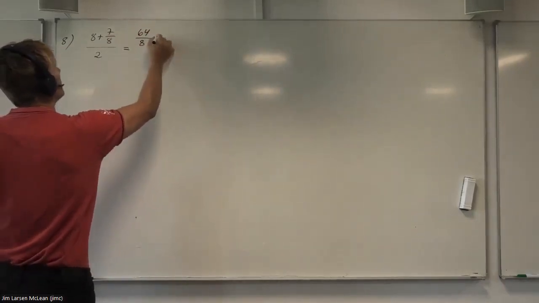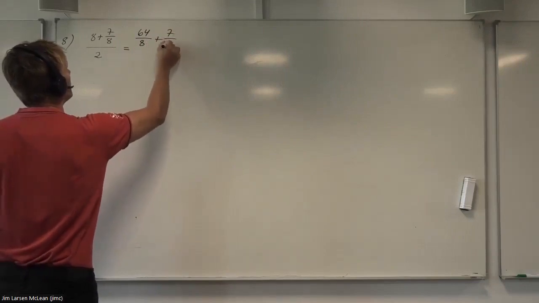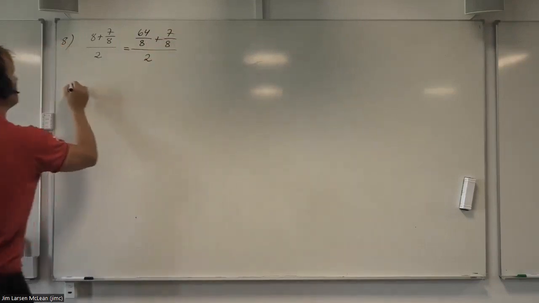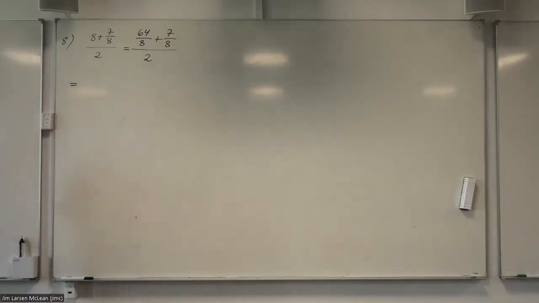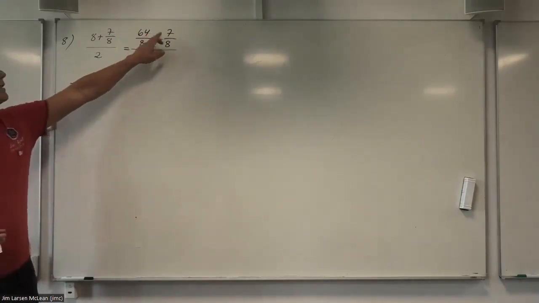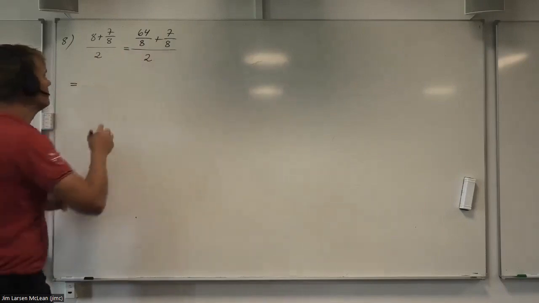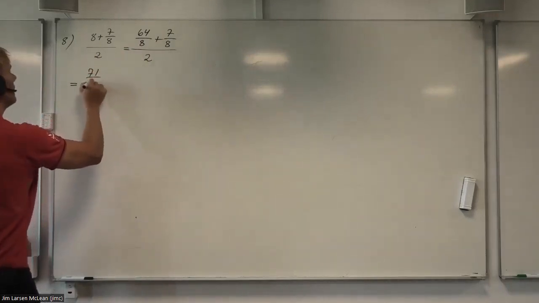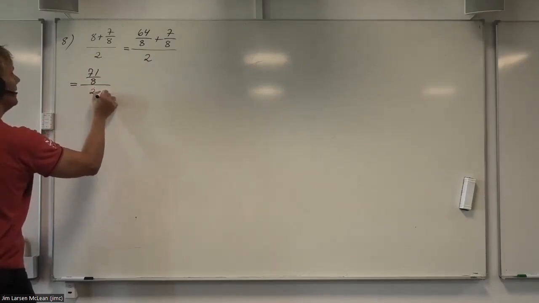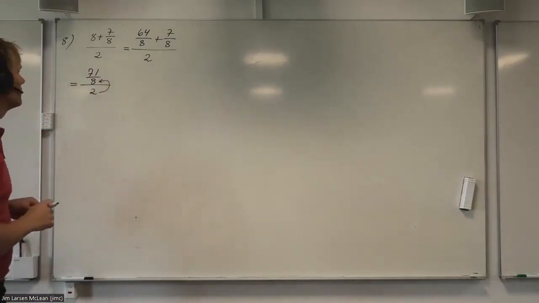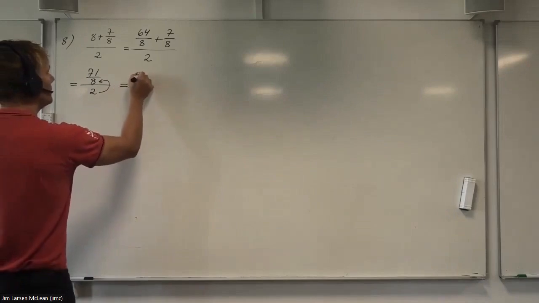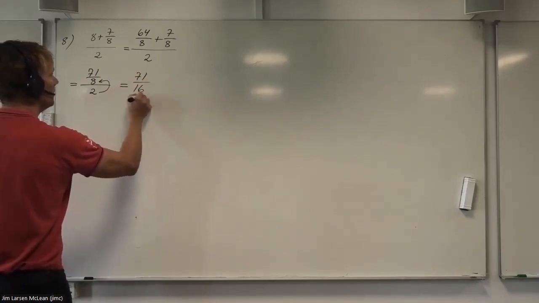And then plus the 7/8 that are there. And all divided by 2. So I can just count up how much I have. 64 plus 7 more. That must be 71. So 71/8, which should be divided by 2. We just need to multiply in the denominator. So that must be 71/16, which probably can't be reduced. It's difficult.